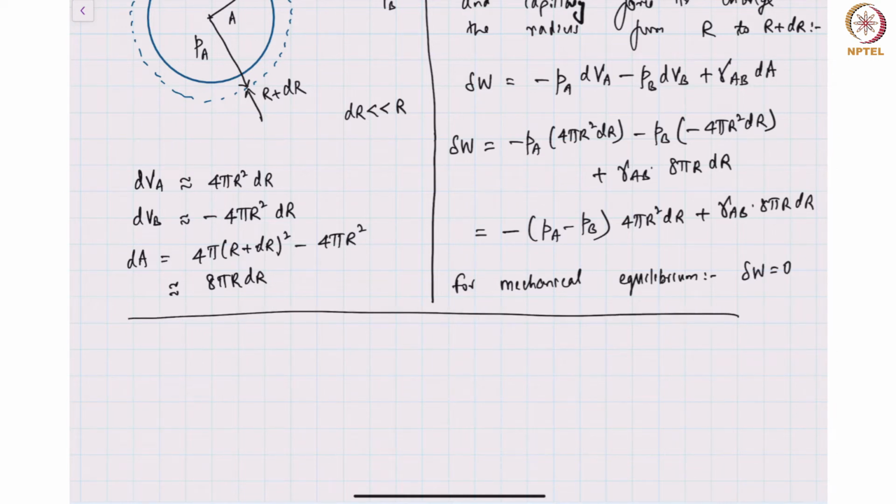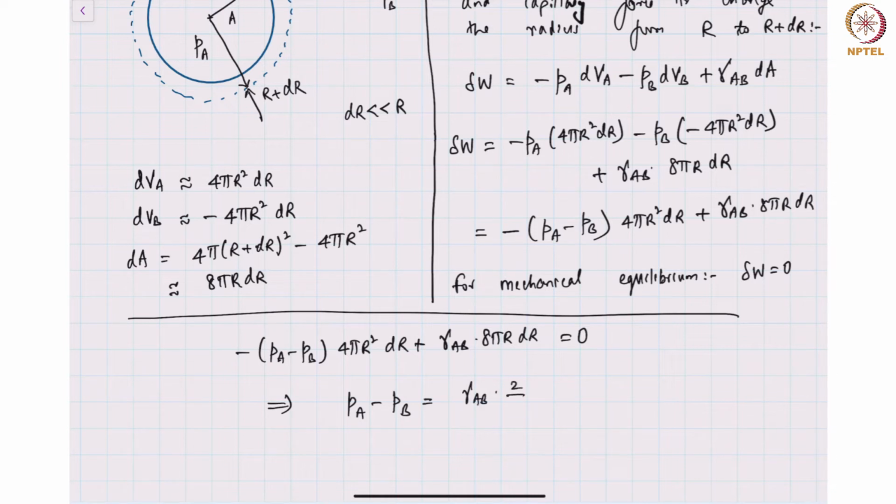This leads to minus (PA minus PB) 4 pi r square dr plus gamma AB 8 pi r dr equals 0. dr is clearly non-zero, or rather I want to find out for all possible values of dr what the result will be. What I now have is a simple relation: PA minus PB equals gamma AB times 2 by r.